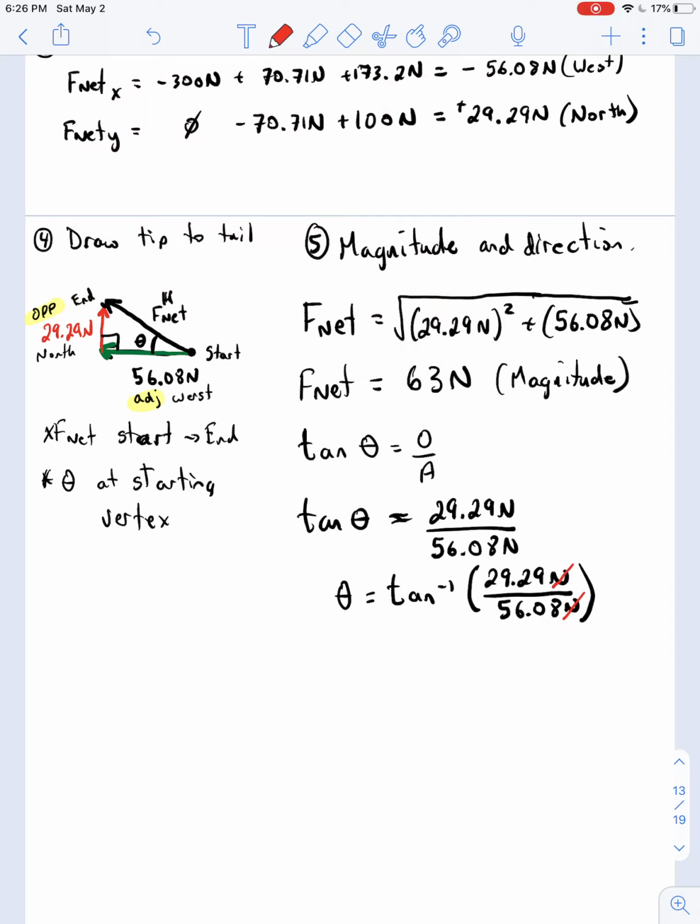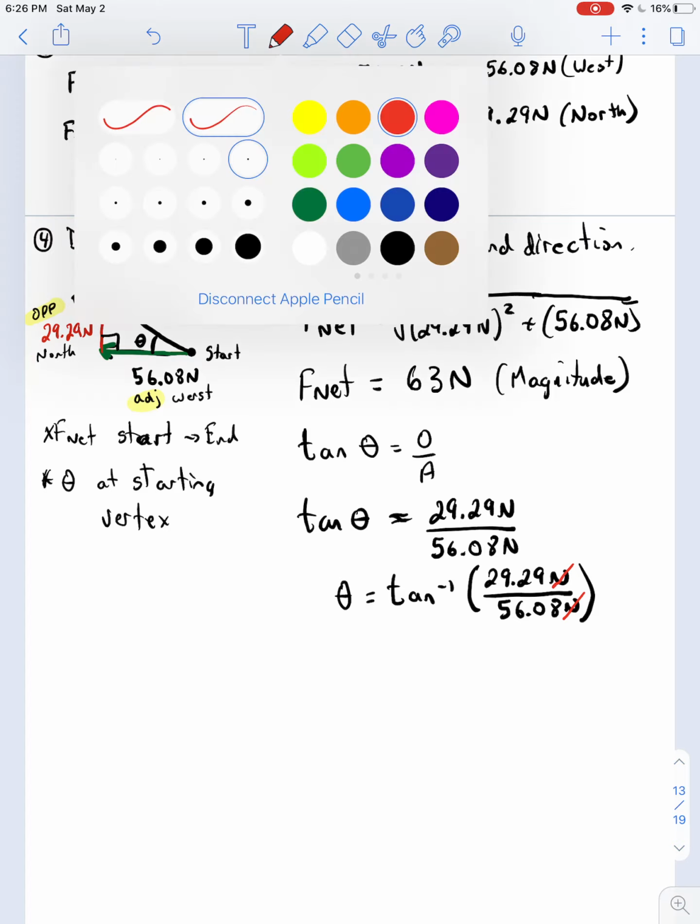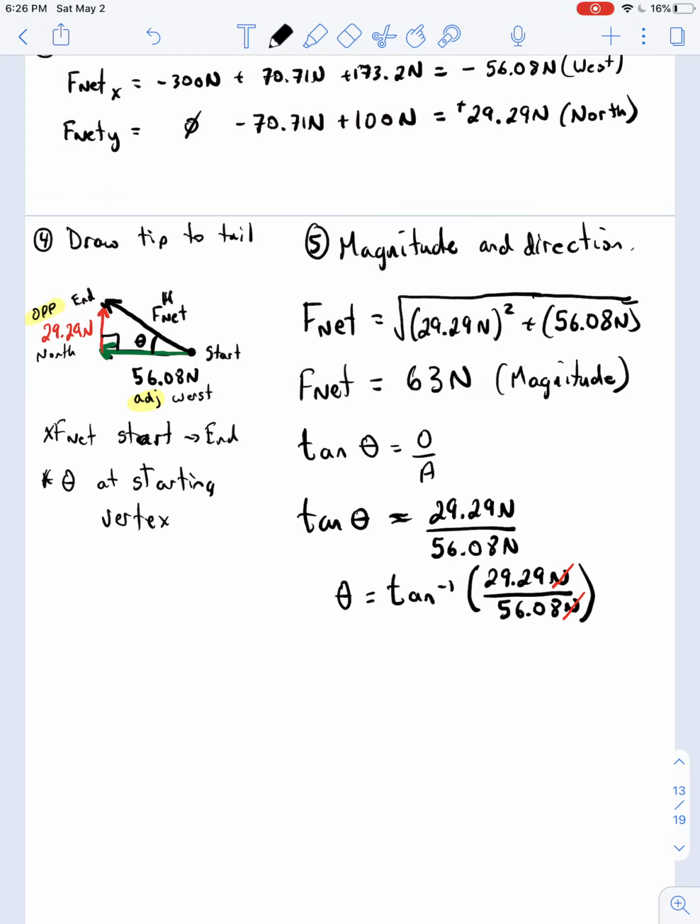They must divide out because a trig ratio is a unitless ratio. And so I'm going to then fire up the calculator and see what I get for an angle here. And that angle then is equal to, I believe it's 28 degrees. And so yeah, I get a 28-degree angle.